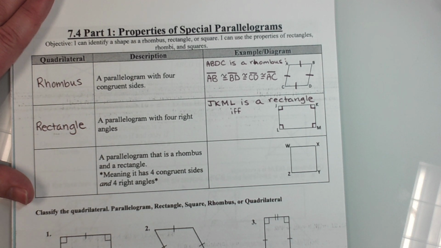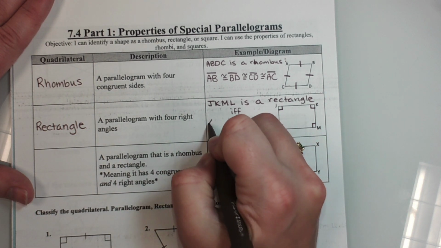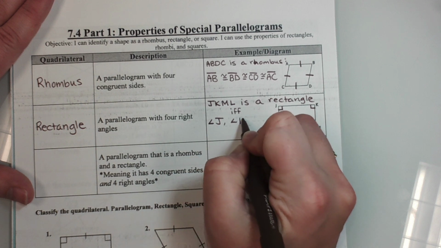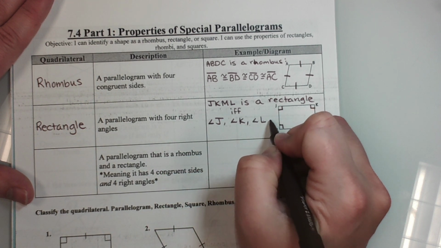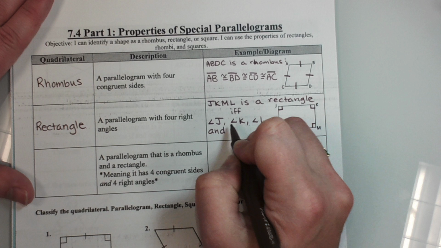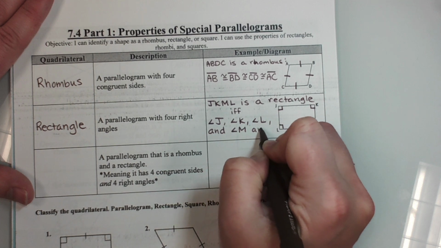JKML is a rectangle if and only if angle J, angle K, angle L, and angle M are right angles.